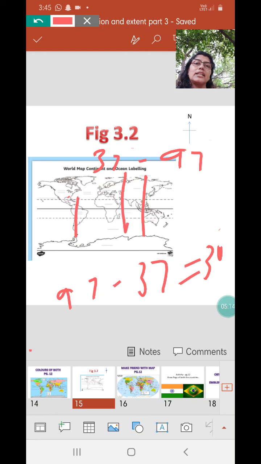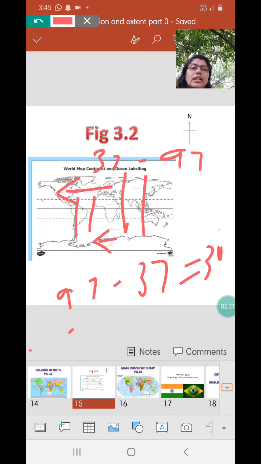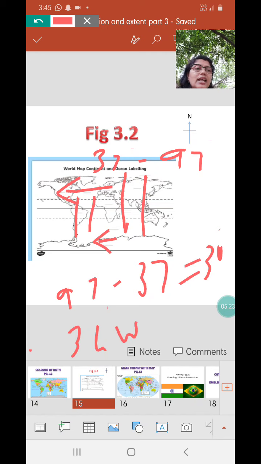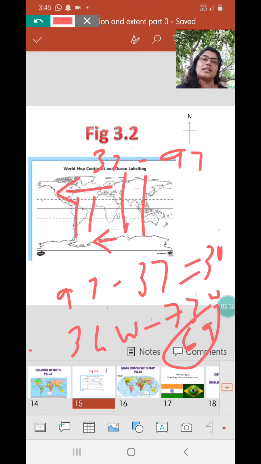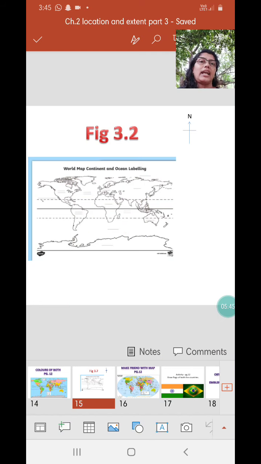Brazil lies from 34 degrees west up to 73 degrees west. That means 73 minus 34, that makes a total of 39. So which country do you feel is larger? Yes, it is Brazil. Area wise, Brazil is definitely larger than India.